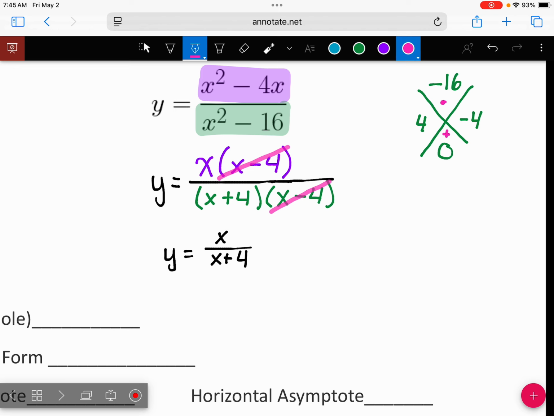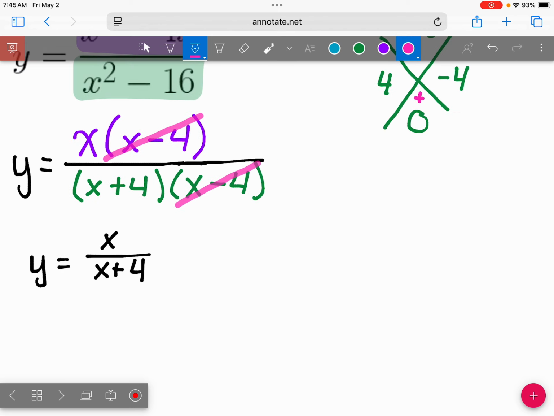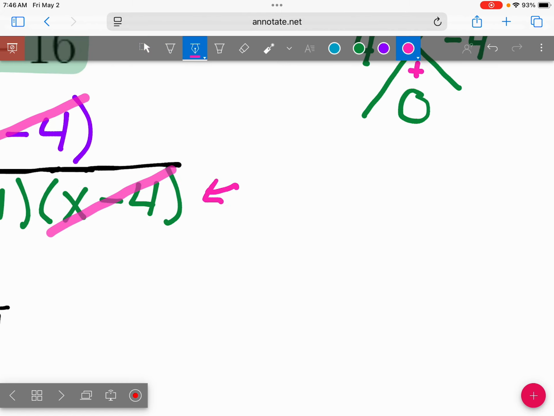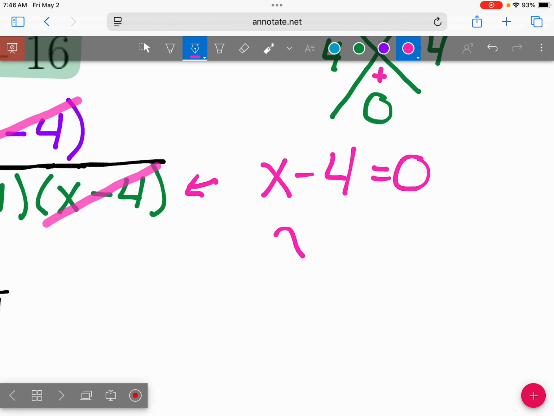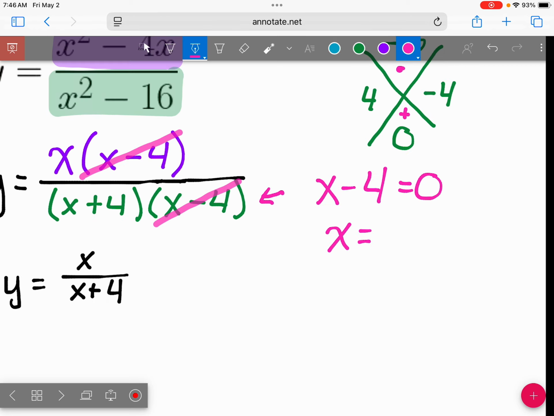Let's find our discontinuity first before we deal with anything else. So I know x minus 4 causes a discontinuity when it equals 0. Every other time, it cancels out. So our x value on our discontinuity is going to be what? When does x minus 4 equal 0?